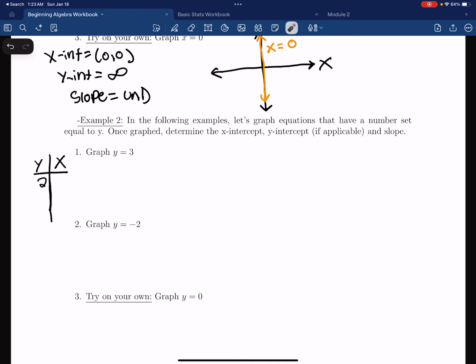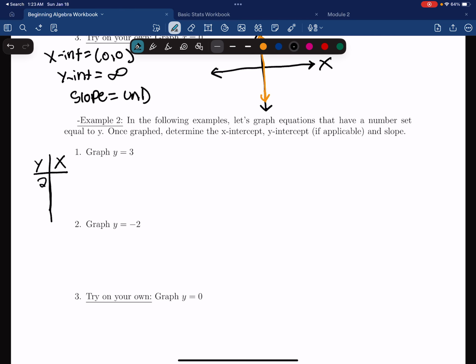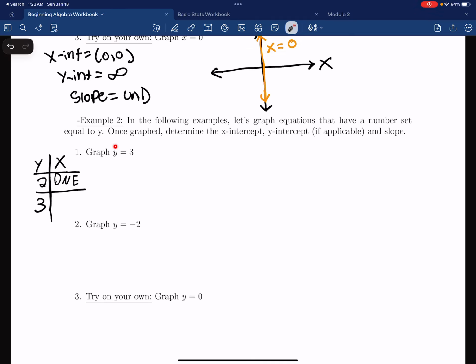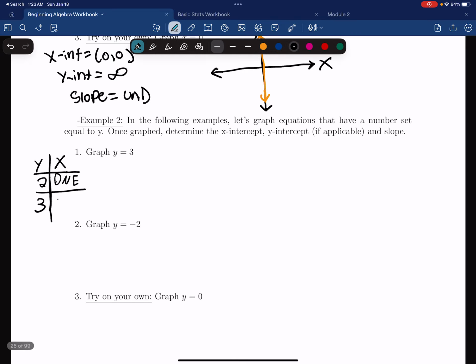When I plug in the value of 2, we get 2 equals 3. Not a true statement, right? So our x values do not exist, DNE. Now let's try when our y value is equal to 3. Bringing that in, we get 3 equals 3. That's a true statement. So that means for all of our x values, when y is 3, we get all real solutions.